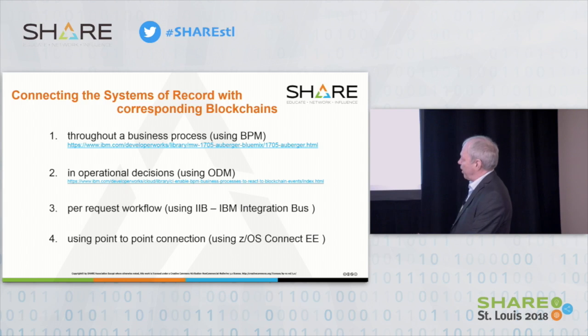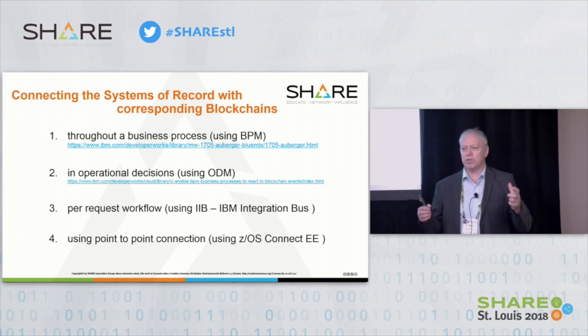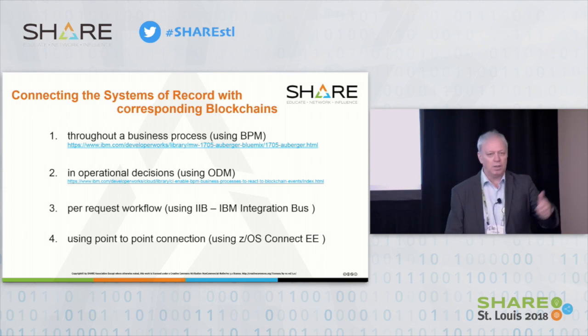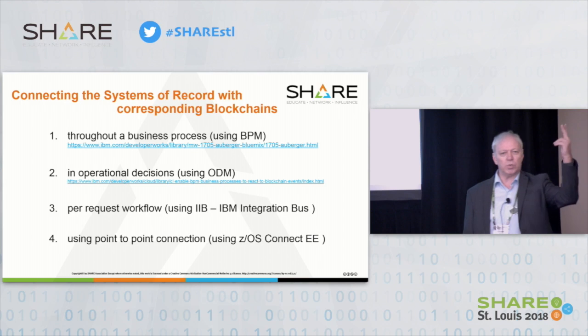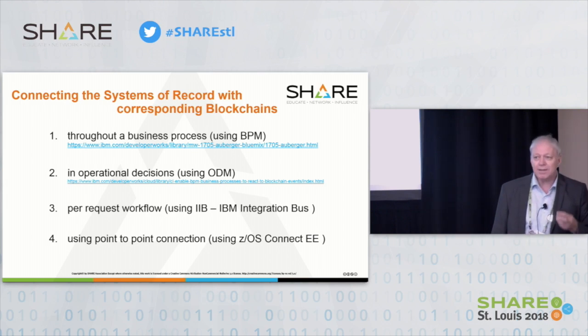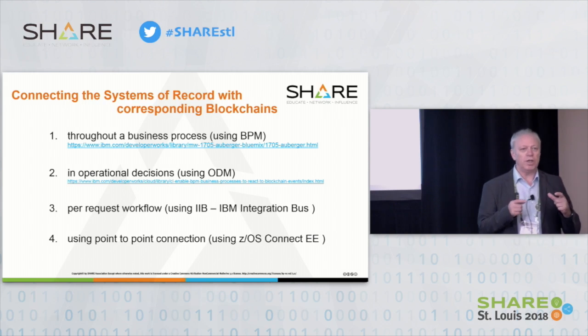Another possibility, a very flexible one, is IBM Integration Bus. And IBM Integration Bus is the possibility to integrate with microservices, with partners, with cloud services, and with blockchains. Because I can have workflows in my IIB.